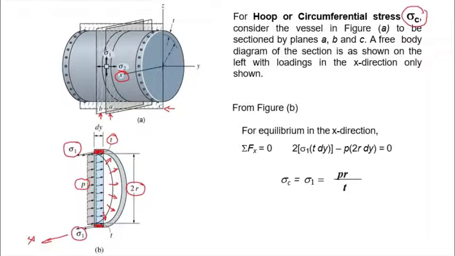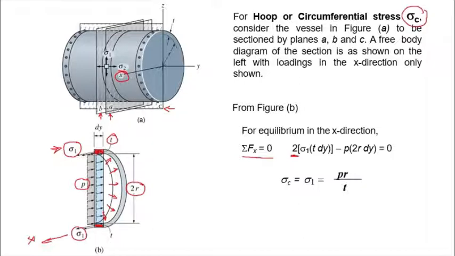So equilibrium of forces in the x direction, we have summation of forces is 0. That's why it's called equilibrium. And so we have two forces acting. One comes from the stress sigma 1, and you have two of them. So you have two times sigma 1 times area. Stress times area will give you force.